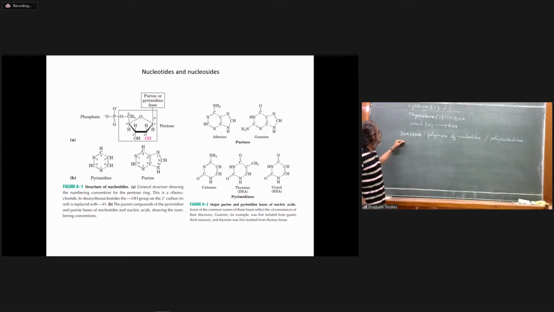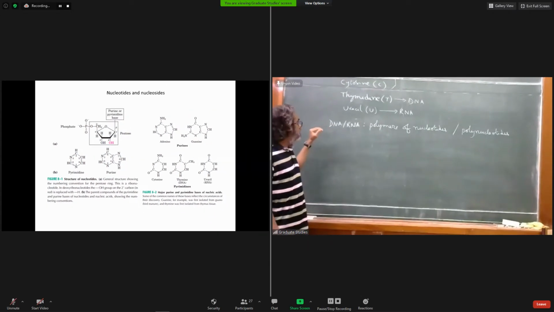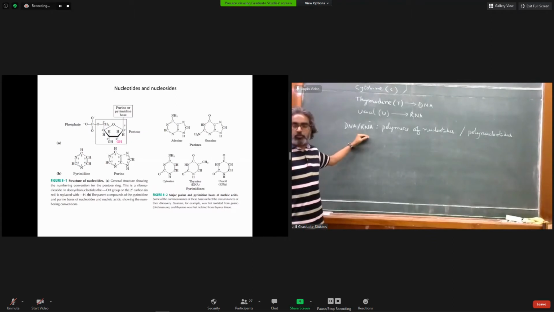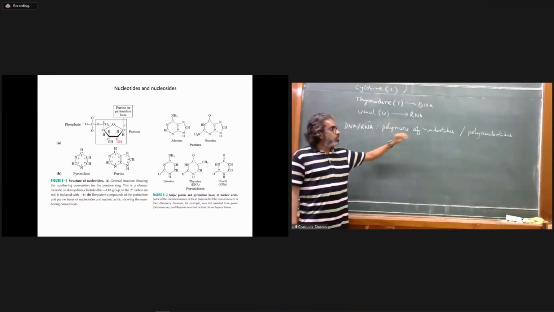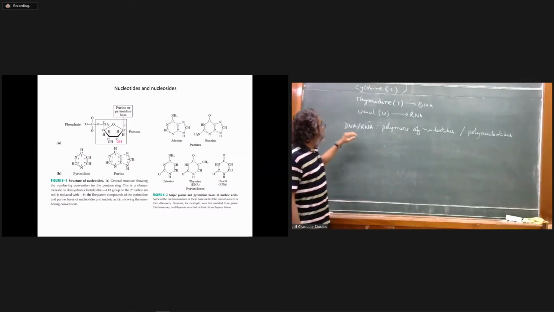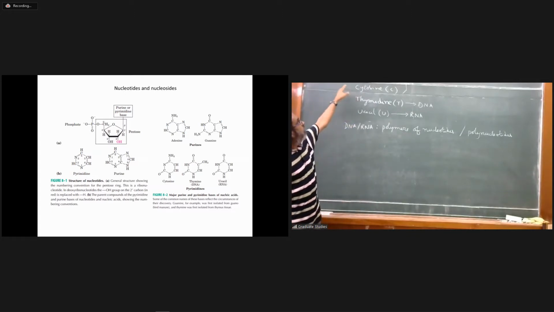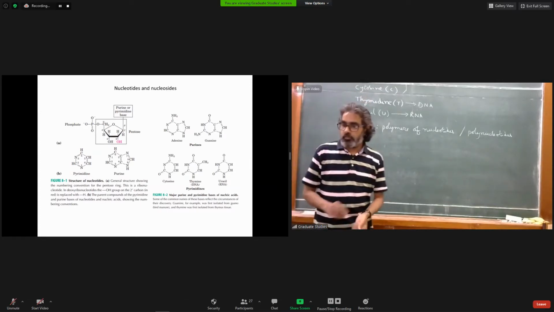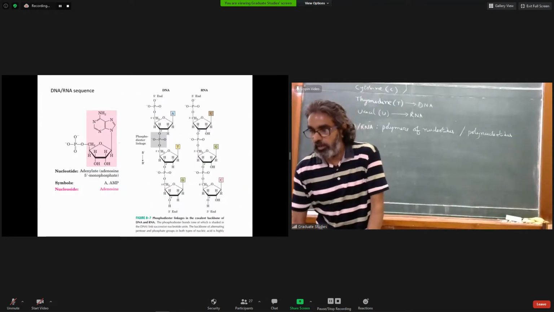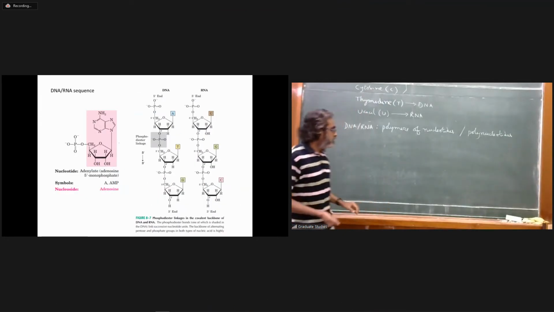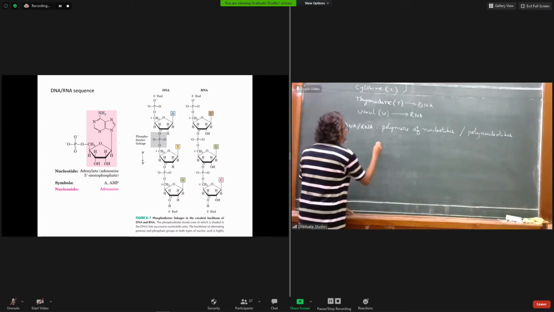DNA, deoxyribonucleic acid, or ribonucleic acids are nothing but polymers of these nucleotides. In the case of DNA, you have AGTC. In the case of RNA, you have AUGC. These are the four nucleotides which can be used to make polymers. But again, when you make these polymers, what's important is directionality.